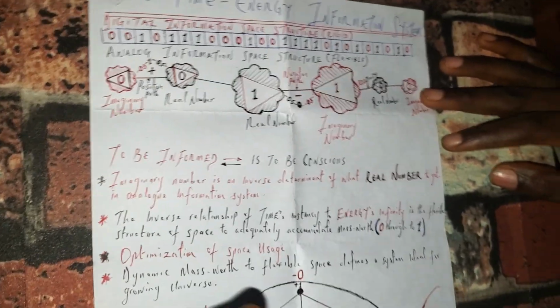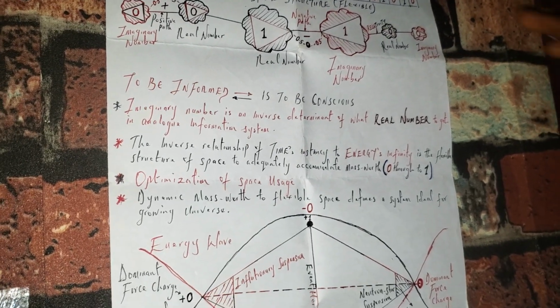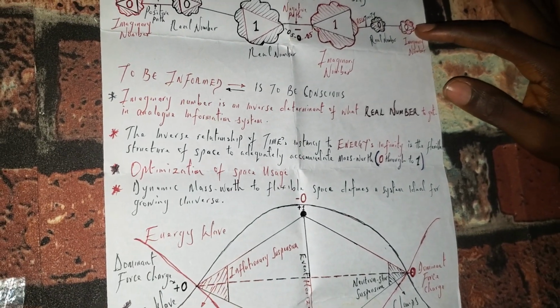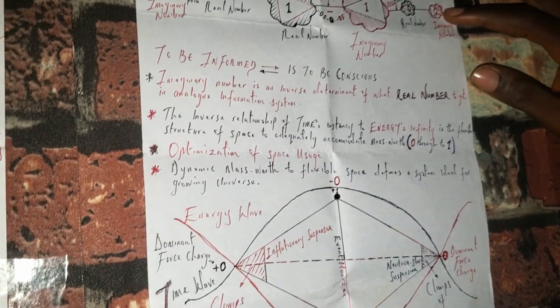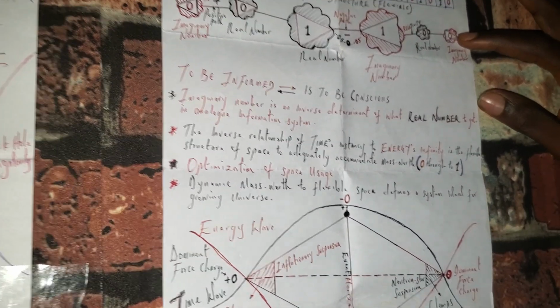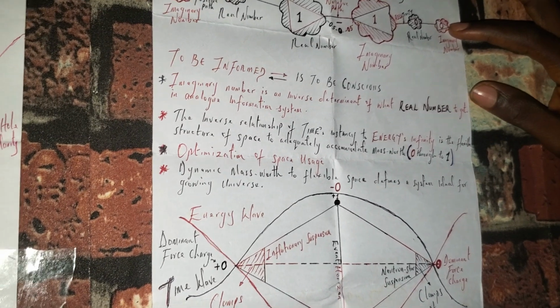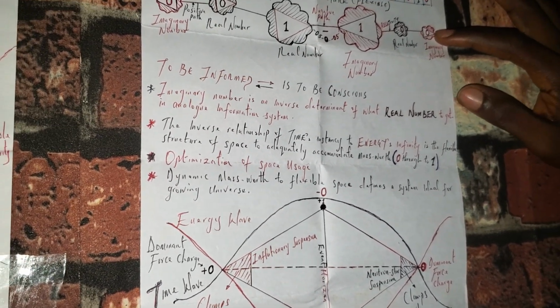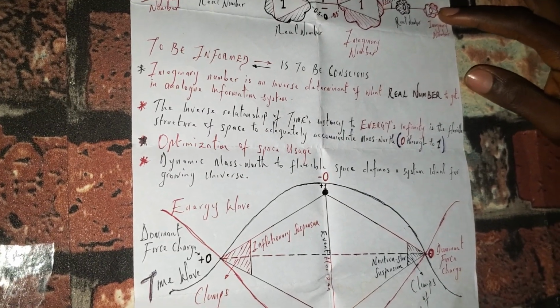And I explained that in the time energy wave model earlier. So now imaginary number is an inverse determinant of what real number to get in analog information system. So the inverse relationship of time's instancy to energy's infinity is the flexible structure of space to adequately accommodate mass work, from 0 all through to 1.